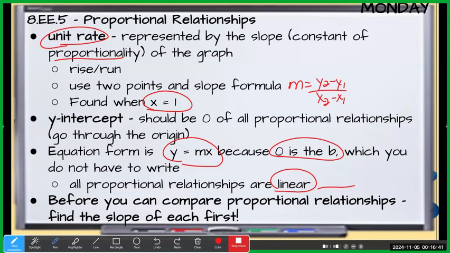Y'all missing one of the main ones, the table. So anytime you compare, they're gonna give it to you in different ways. One may be a table, one may be a graph, and the other may be a verbal description, meaning in words. So we gotta be able to use the descriptions or whatever they give us to first find the unit rate. You can't compare if I don't know what the two are.